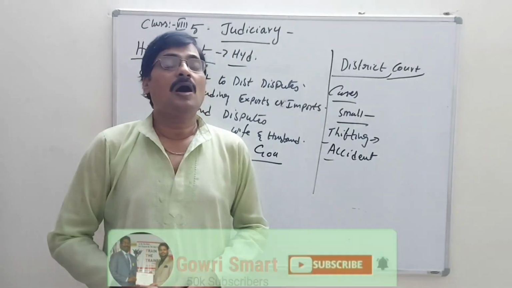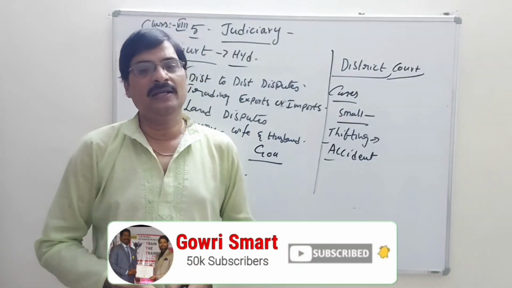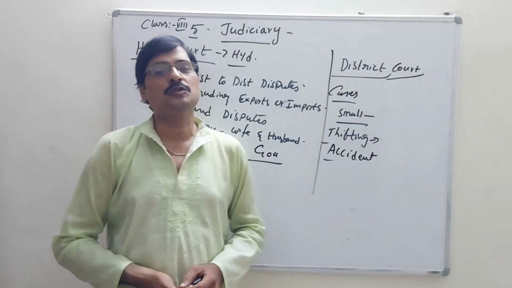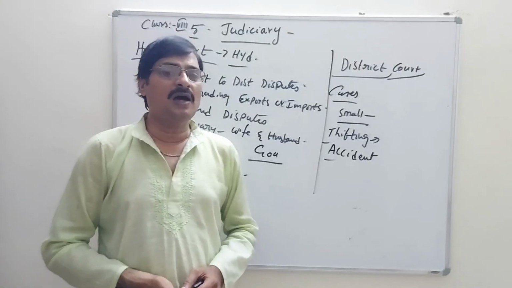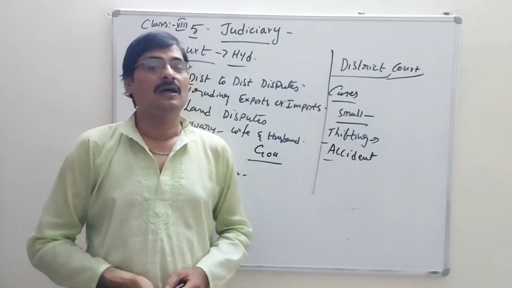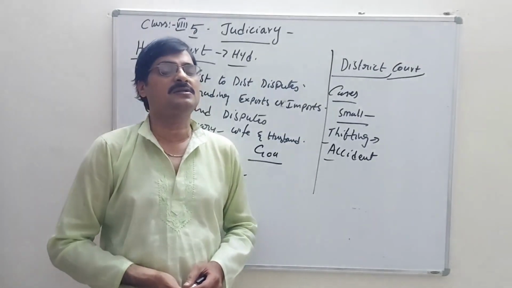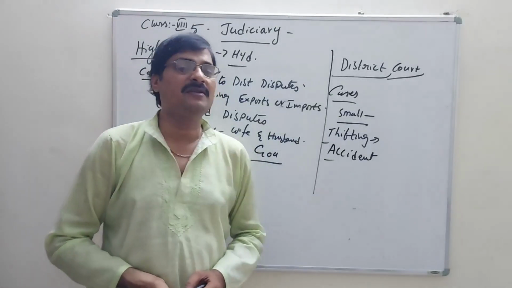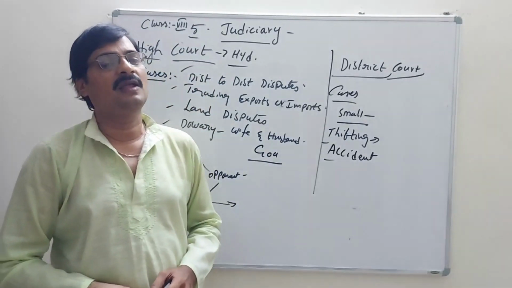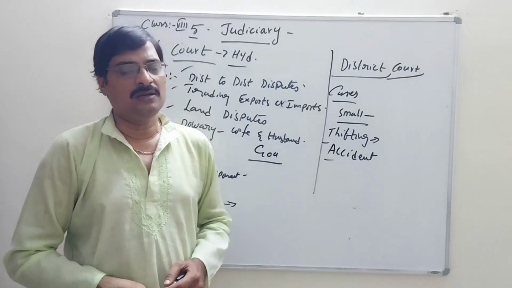This means all the High Courts are under the control of the Supreme Court and all the district courts are under the control of the High Court. But all these courts have to run according to the articles and schedules of the Indian Constitution only. As per the Indian Constitution, there are standard rules given.